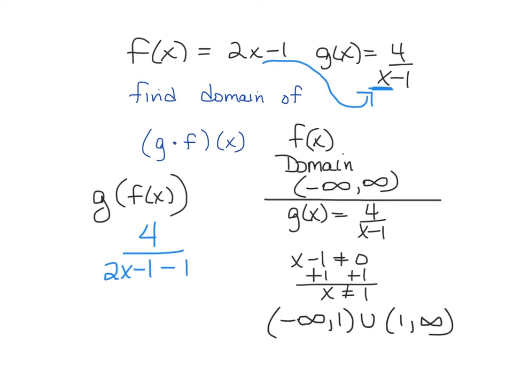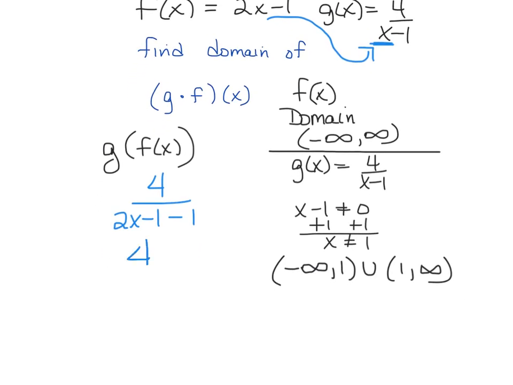So now I'm going to simplify that, and I get 2x minus 2. I now can reduce this and divide all three numbers by 2, and my simplified composite function is 2 over x minus 1.